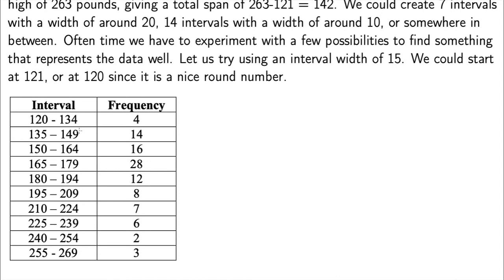Now we can create a histogram based on this. Remember, a histogram is just like a bar graph, so we'll start with our axes. We have our ranges now on the horizontal axis, so we've got 120 to 134.